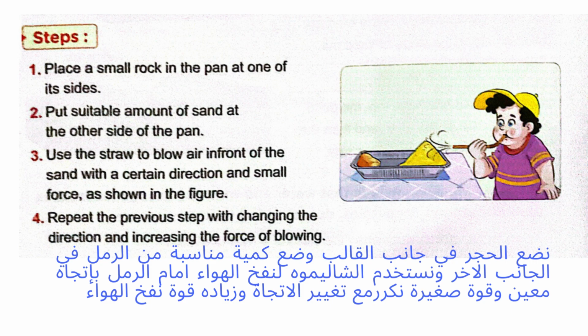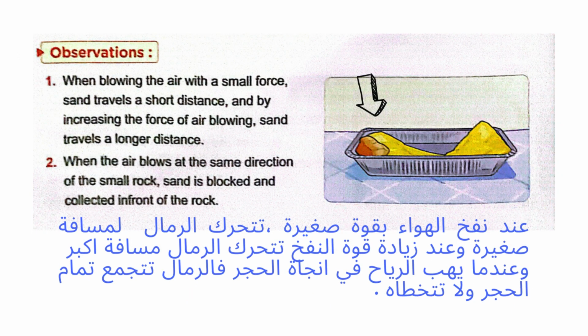We will blow air stronger. So what can we observe here? When we blow air with small force, the sand travels a small distance. And by increasing the force of blowing air, as we blow air stronger, what will happen?